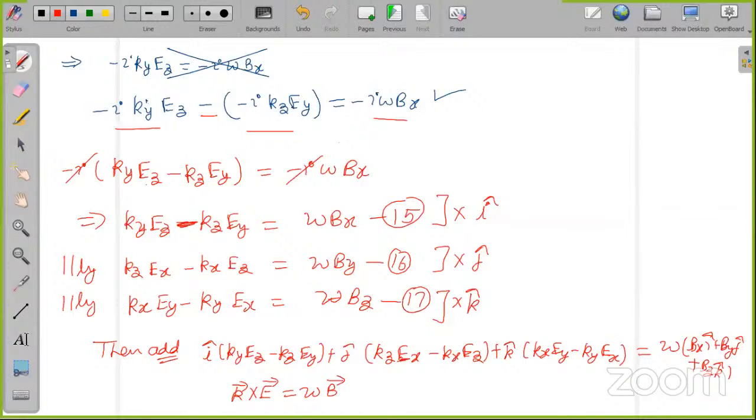Now you can very easily see, if C vector is equal to A cross B, what is the direction of C vector?